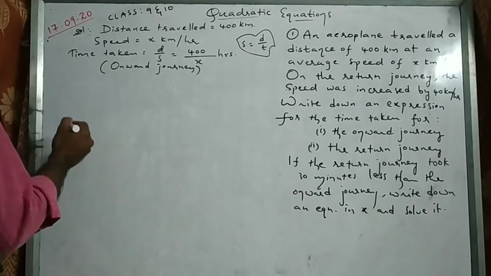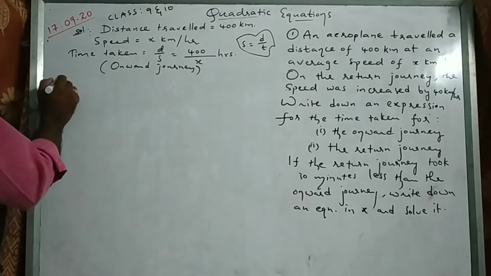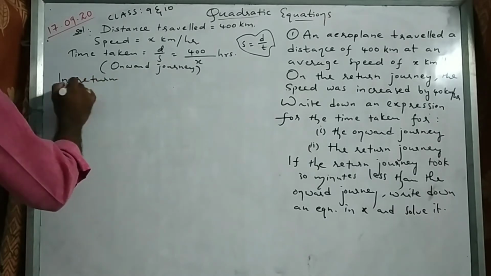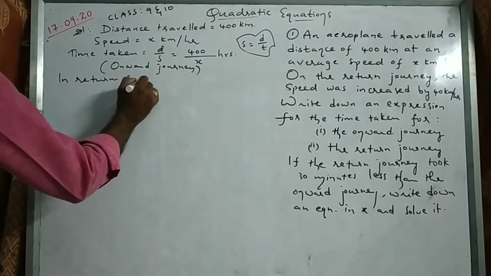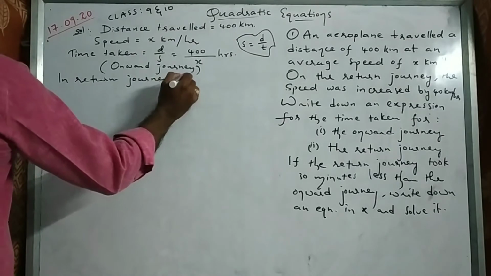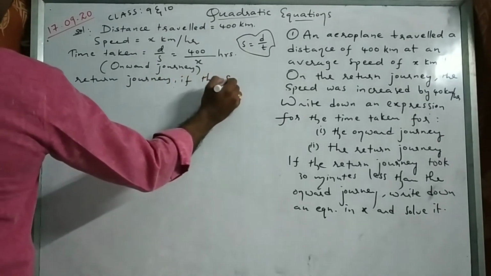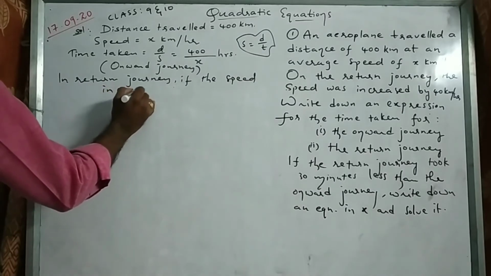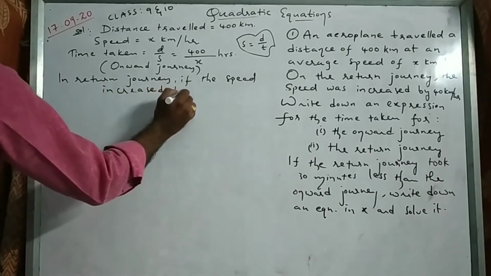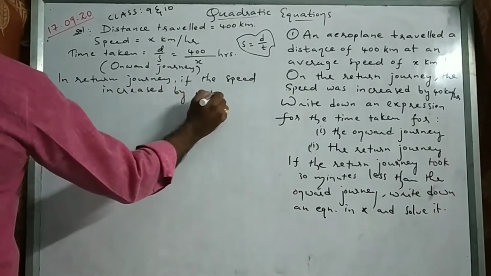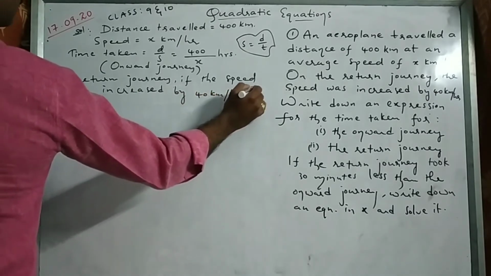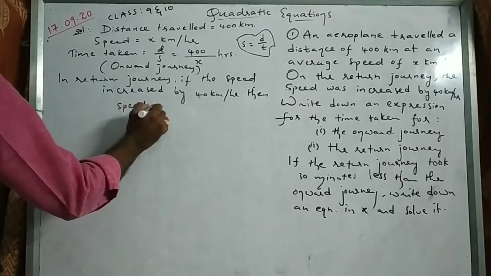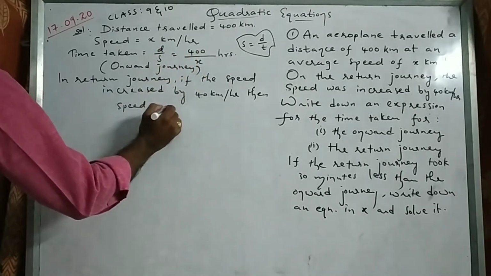Now the return journey. The speed was increased by 40 km per hour, then what is the speed actually? x.